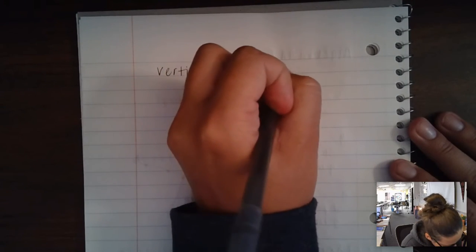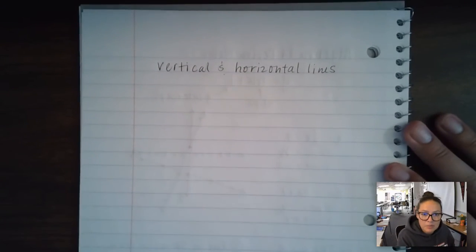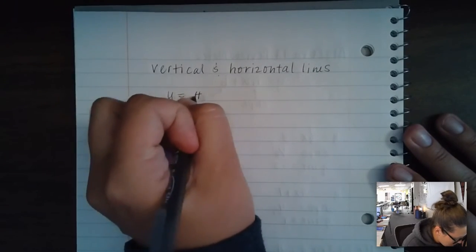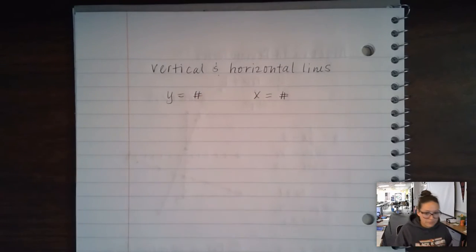All right. One last idea that I want to talk about, and that is vertical and horizontal lines. So sometimes we see equations that only have a y or only have an x.